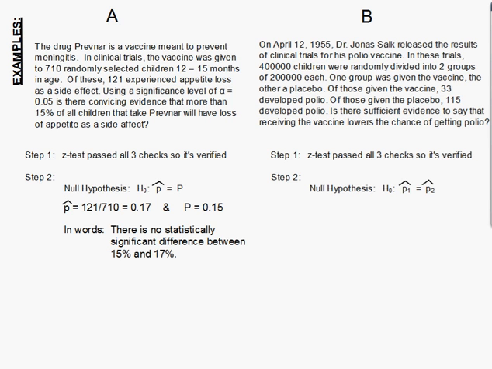We can do that with the Salk vaccine also, except now this looks a little different because this is 2 sample. Notice that the previous one was 1 sample being compared against an absolute benchmark of 15%, which we consider our population in this case.